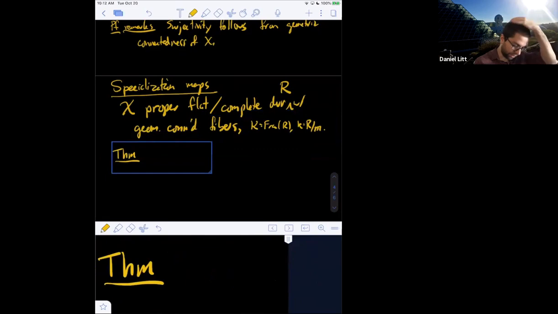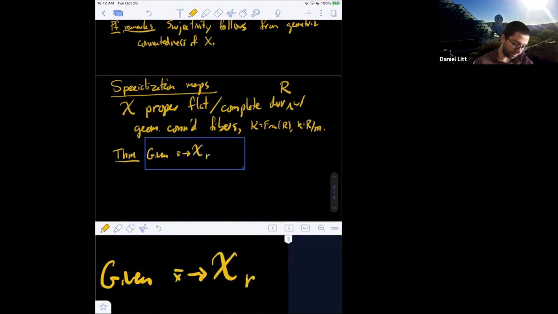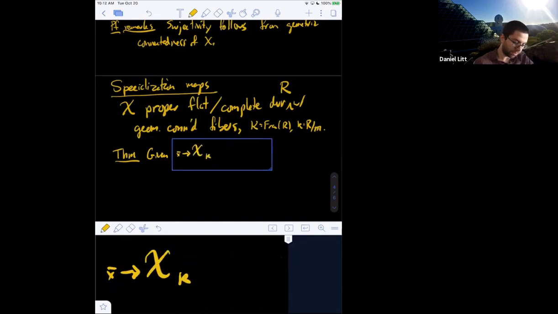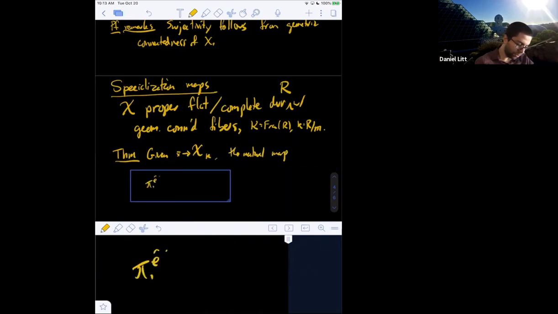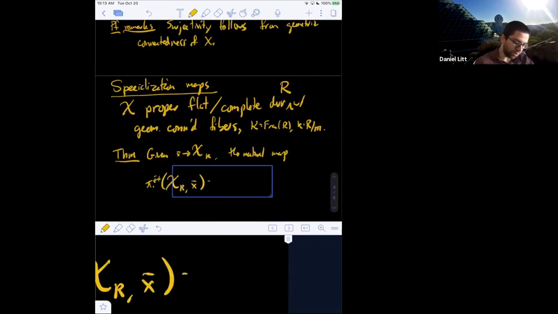So the theorem is that, given a geometric point x bar on the special fiber X_k, the natural map from the étale fundamental group of the special fiber with base point our geometric point, well, the special fiber maps to the whole space, right?